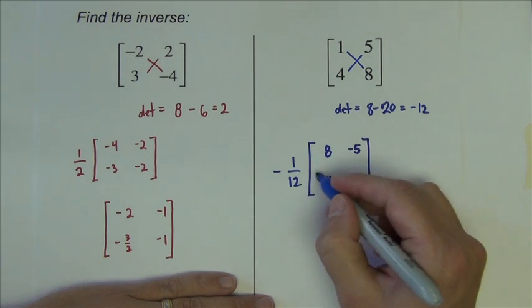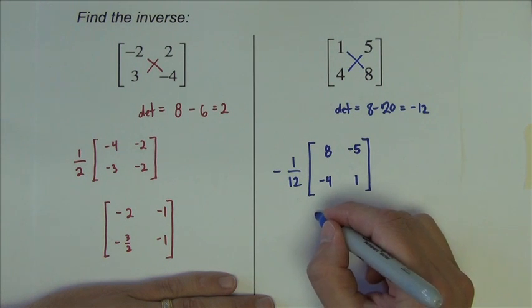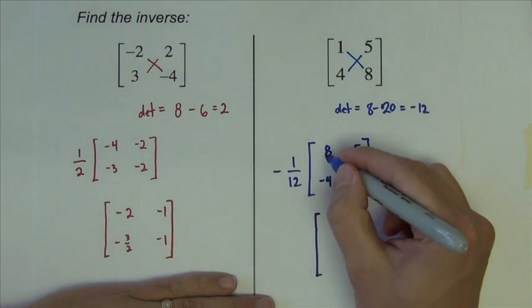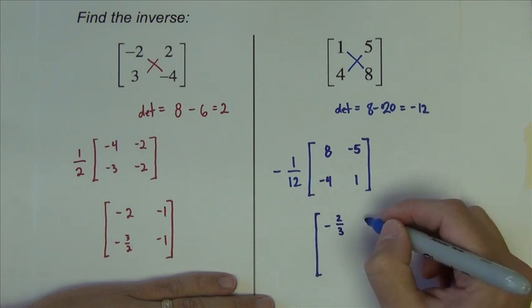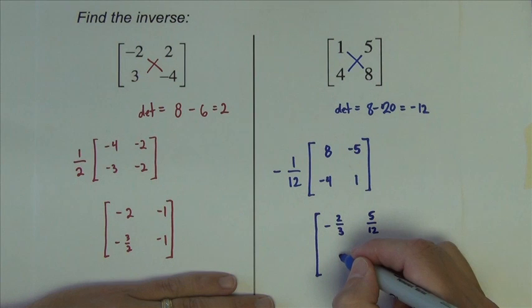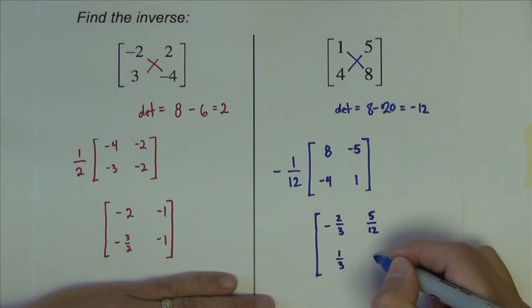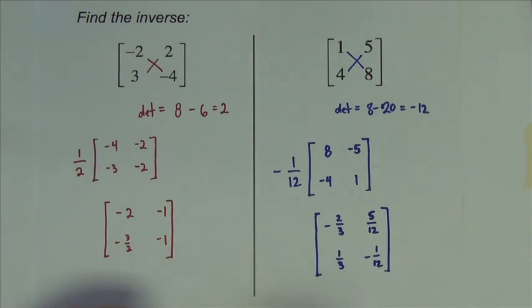And now I just distribute that fraction in. If I can reduce any fractions, I go ahead and do that too. So -8/12 would be -2/3. And then I'm going to have +5/12. I'm going to have +1/3. I'm going to have -1/12. There's my inverse.